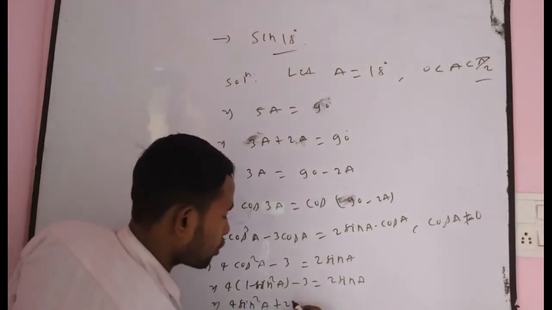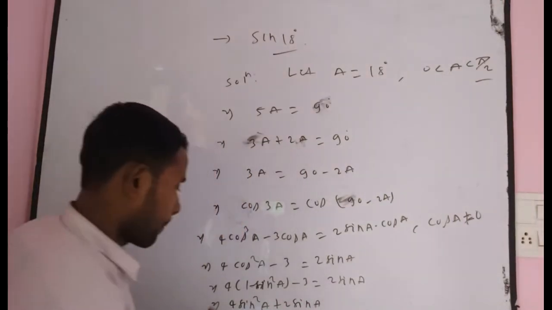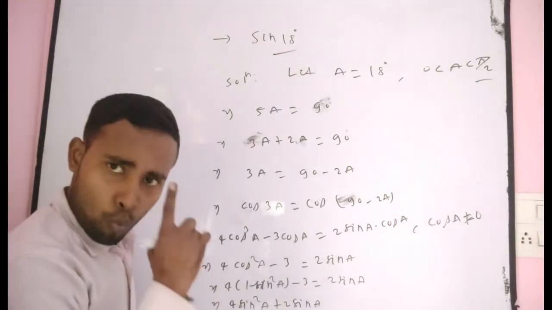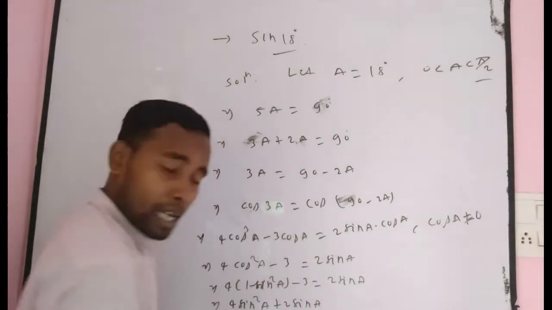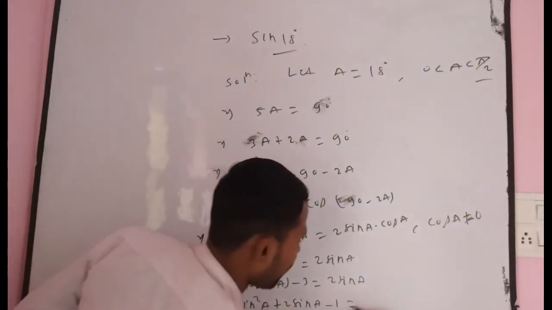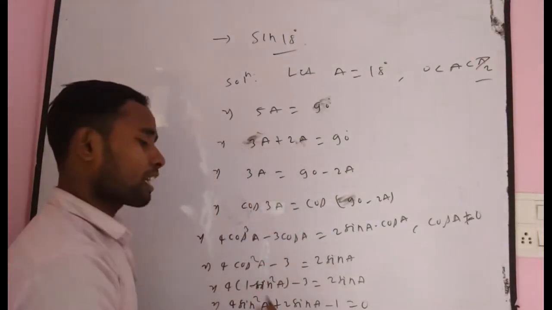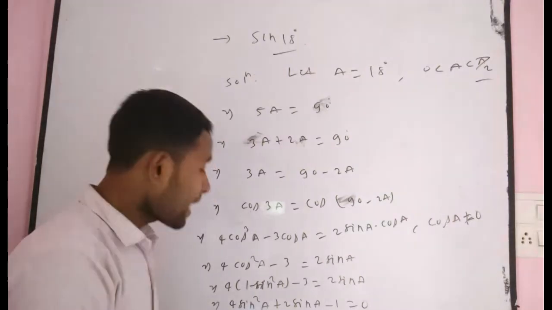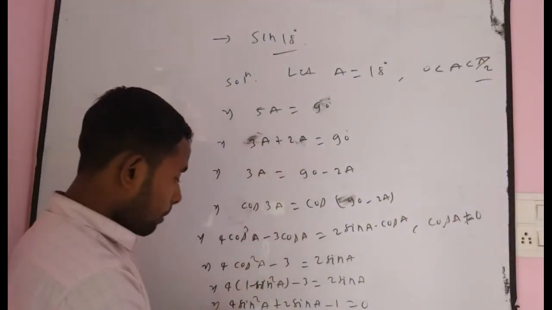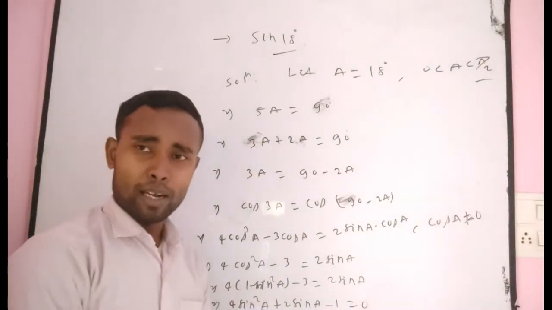So can you write 4 sin square a plus 2 sin a, and 4 minus 3 will be 1, which becomes negative when taken to the other side. So 4 sin square a plus 2 sin a minus 1 is equal to 0.